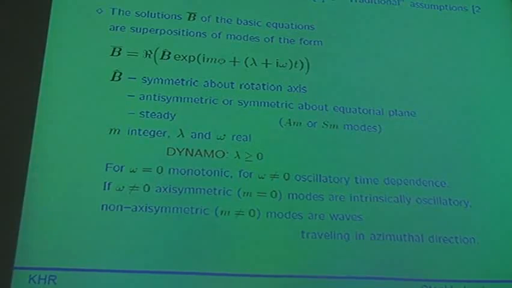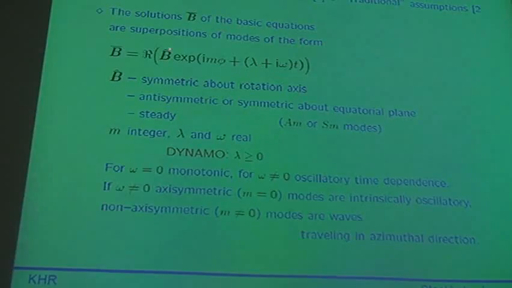You can easily show that the solutions of the basic equations are superpositions of such modes. B depends, in the spherical case, on R and theta. This is the phi dependence, and this is a time dependence. Lambda and omega are real quantities.